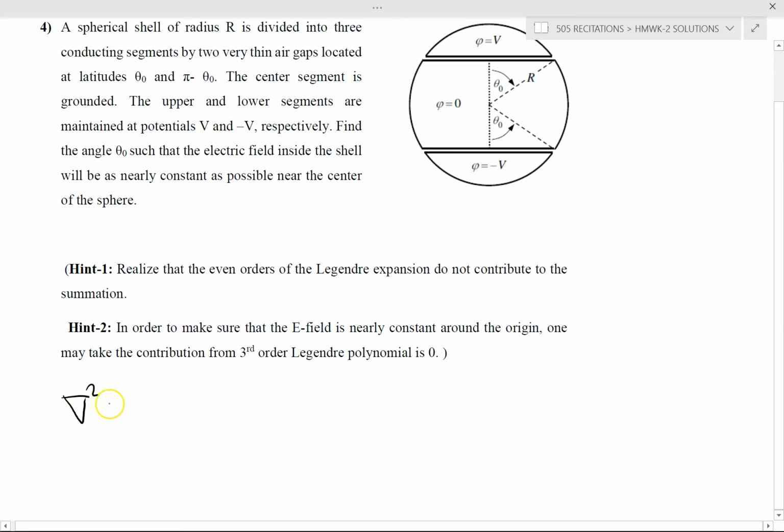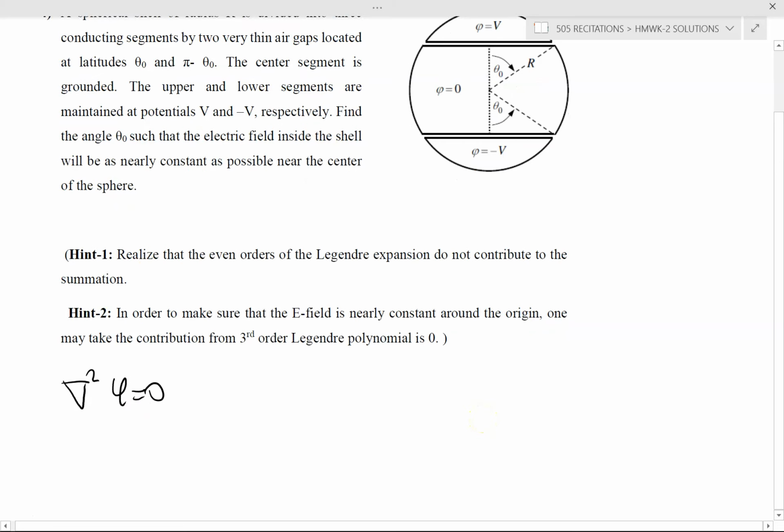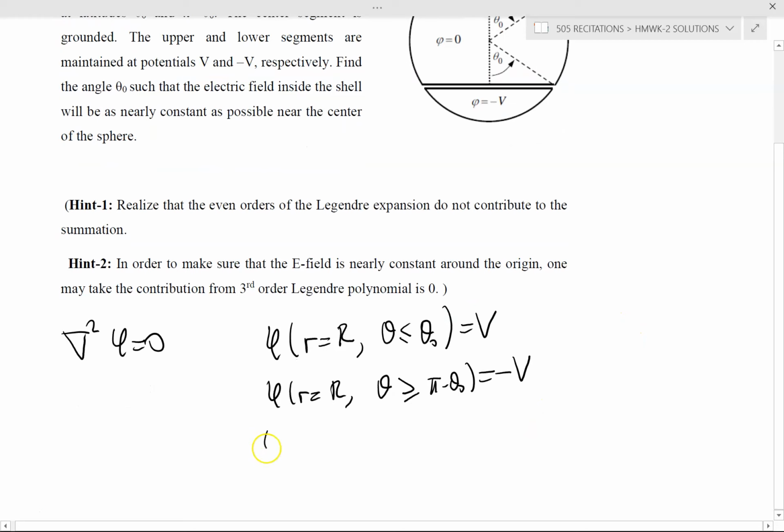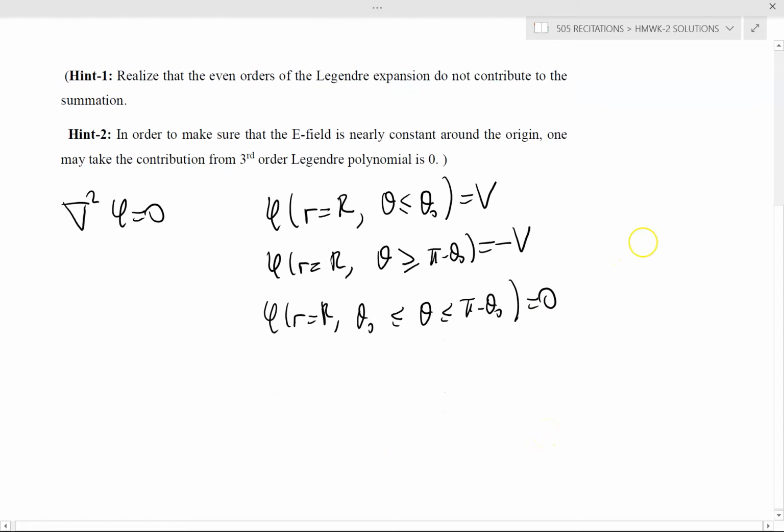Again, phi shall be equal to 0 under the conditions that psi(R, theta) for theta smaller than theta 0 is equal to V, psi(R, theta) for theta greater than pi minus theta 0 is equal to minus V, and then psi(R, theta) for theta in between, lower than this and greater than this, is equal to 0. These are the conditions we need to satisfy.